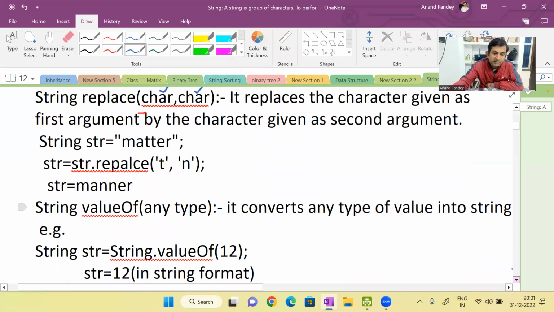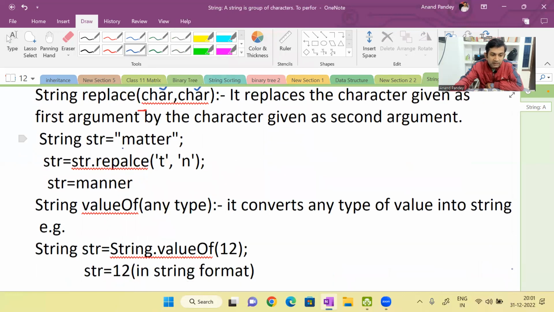Let's explain with an example. str equal to matter, and here we're writing str replace t comma n. So what will happen? All the t's will be replaced by n in this string str. All the occurrences of t will be replaced by n. This str will be what now? Manner.